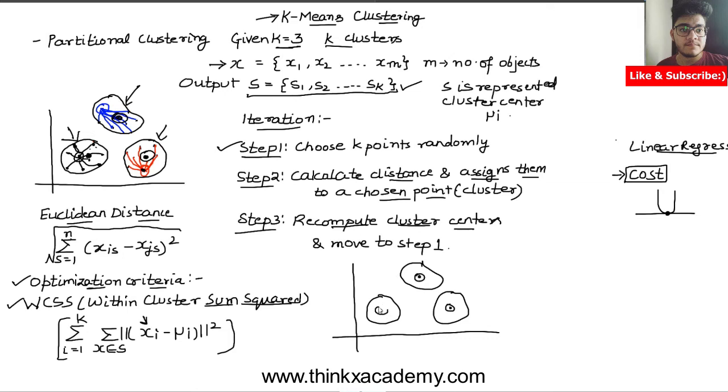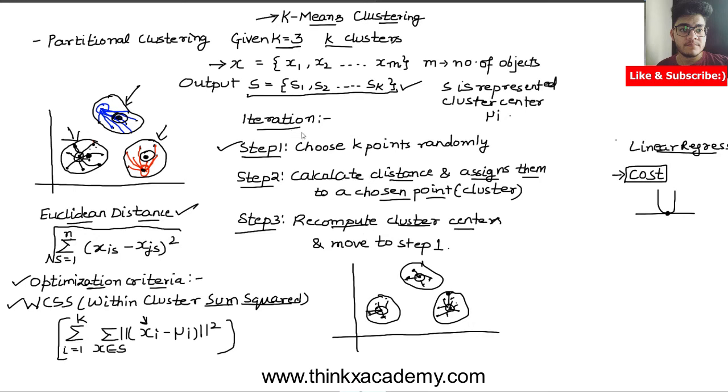Now we calculate the distances of the points with respect to these centers according to step 2. More specifically, it is going to be the Euclidean distance. We calculate the Euclidean distance and assign the points to a chosen center, and let's say there was a point here which is now a part of this cluster. So a reassignment takes place at each and every iteration.